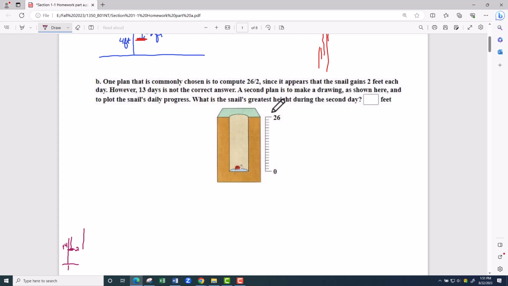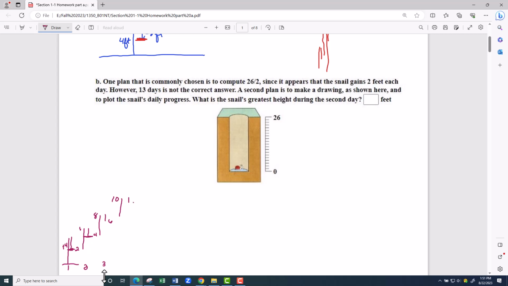That would give us 6. But then we go down 2. So we're at 4 feet on day 2. We go up 4. That gets us to 8. We go down 2. That brings us to 6 at the end of day 3. And we keep on doing this.